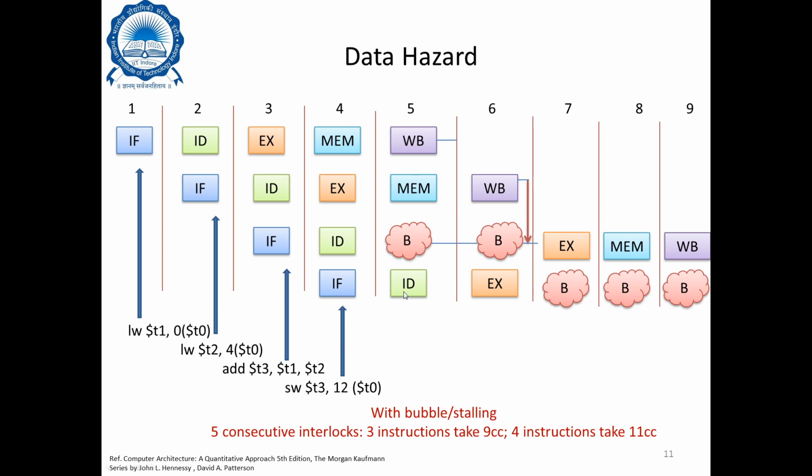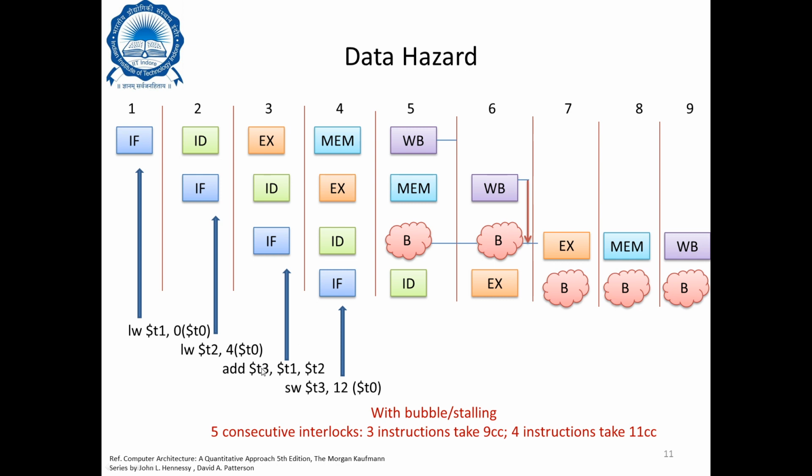So IF, ID, these two can be finished. Then we have the execute. Execute can also be done here because execution requires these two pieces of information, the offset and the base address. But after that we need to have access to the memory, and we cannot do that, because we can only put it into memory once the data is available in T3.